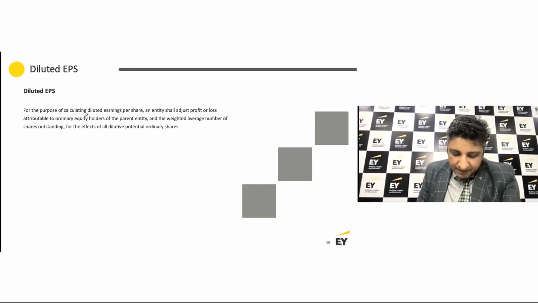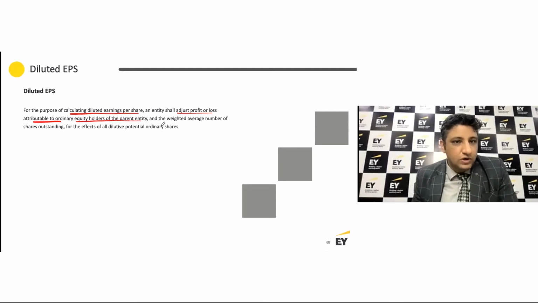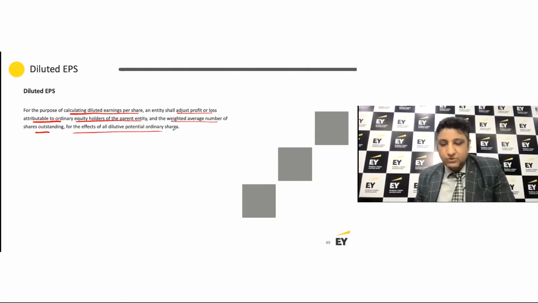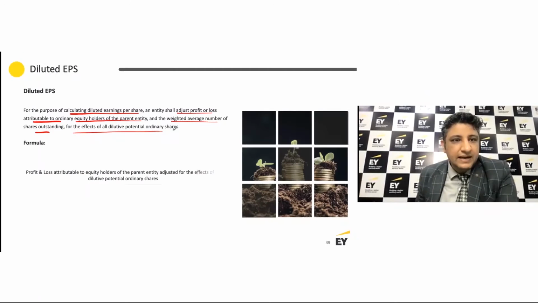We are saying that for the purpose of calculating diluted EPS, you adjust the profit or loss attributable to the ordinary shareholders of the parent entity, as we have just done, and also the weighted average number of shares outstanding for the impact of all dilutions. That is where you start.